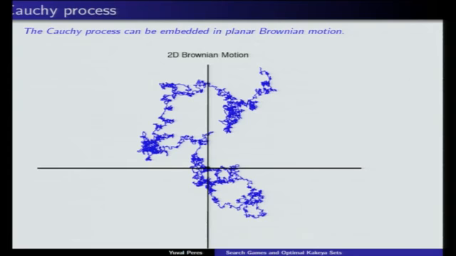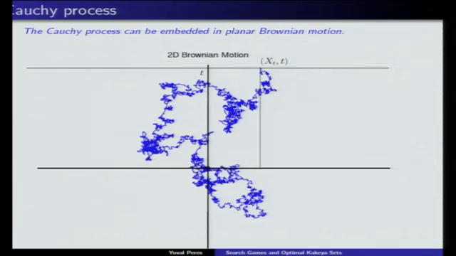So first, what's a Cauchy process? If you run a planar Brownian motion and look at the first time where it hits the line at height t, so height t is the height now, not the time for the Brownian motion. It's the height.